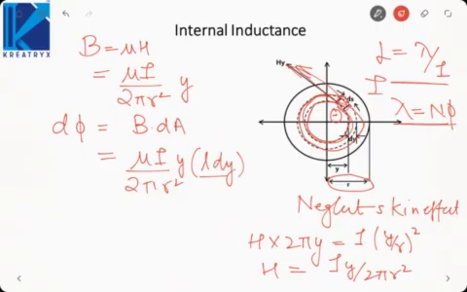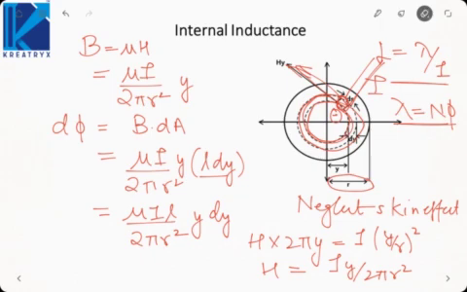That is the area of this strip. This length I am taking as dy, and the length in that direction will be the length of conductor, L into dy. Okay, so that is mu I L by 2 pi r square y into dy.